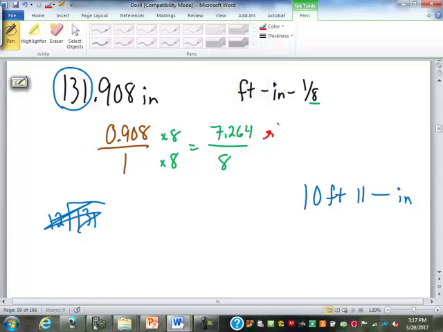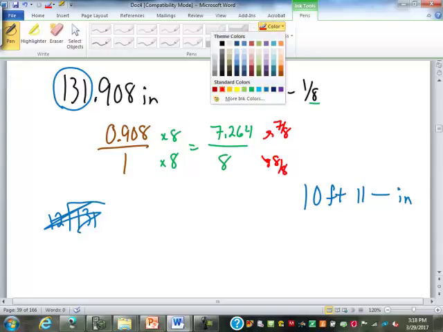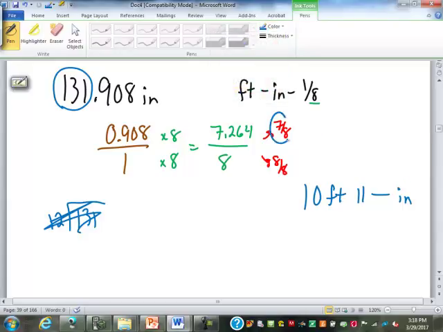So that's between 7/8 and 8/8. Now 8/8 would just mean we add another whole inch, but this one is closer to 7/8 because it's 7.2. If that were 7.5 or above, that would be the 8/8. We would just add another whole inch to this. But since it's not, it's 7/8. That is 10 foot, 11 and 7/8 of an inch.